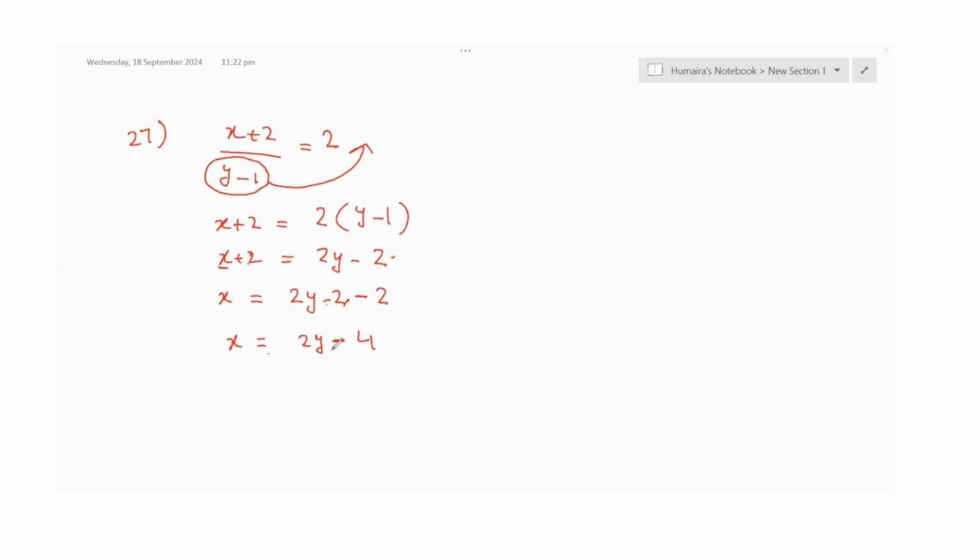You want x isolated, so you switch the 2 to the other side, which gives you x equals 2y minus 2 and negative 2. So all you have to do is add 2 and 2, and you put the 2y alone, so it's going to give you x equals 2y minus 4. Yes. Okay.